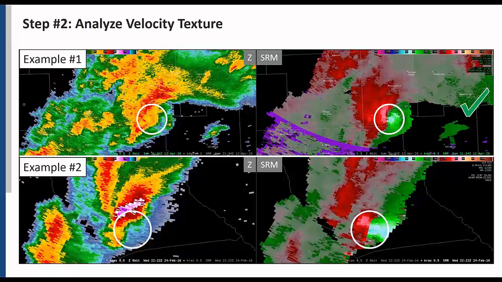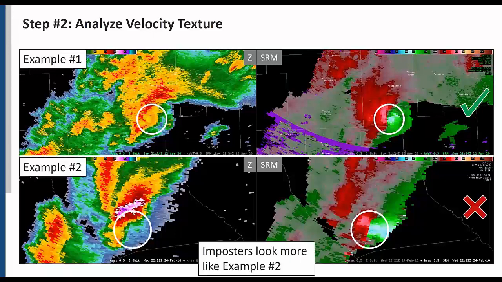You don't see that nice natural tail off in the velocity values as you move away from the circulation center. So again, it's that texture to it that just doesn't look right. Between the location being off and the texture not looking right, it looks kind of blocky. This would make me think that this is definitely an imposter circulation. And that's what they tend to look like.